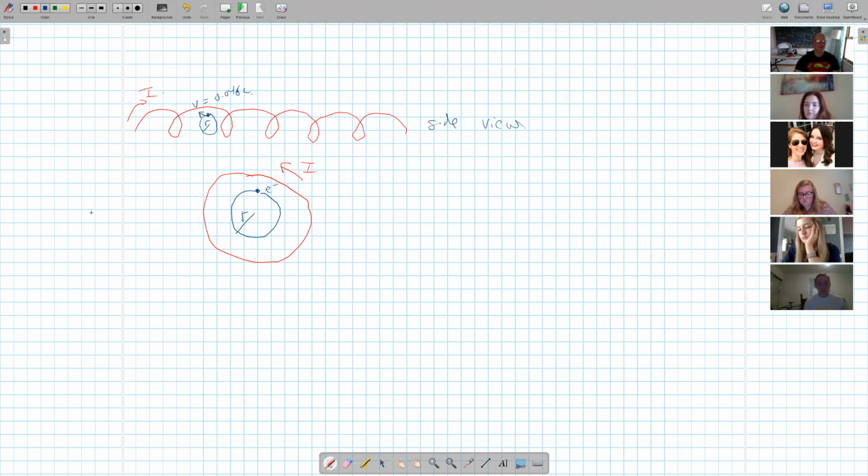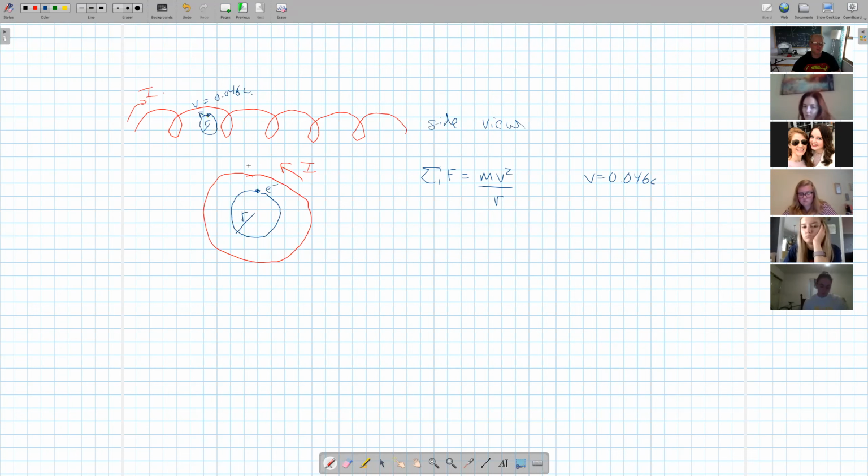So let's think about the electron. Since it's undergoing uniform circular motion, the sum of the forces acting on the electron is equal to mv squared over r, where v is equal to 0.046 times the speed of light.